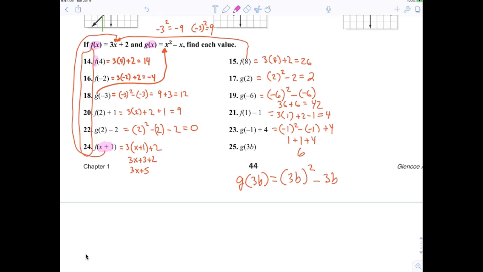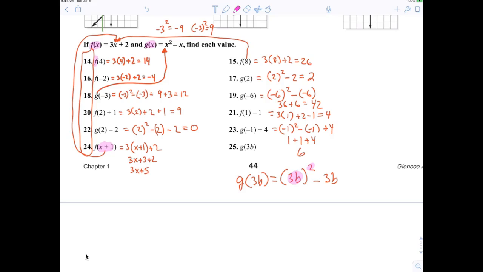What is this squared? Be careful. Is it 9b? No, 9b what? 9b squared? Yeah, there you go. 9b squared, because you're squaring the 3 and you're squaring the b.